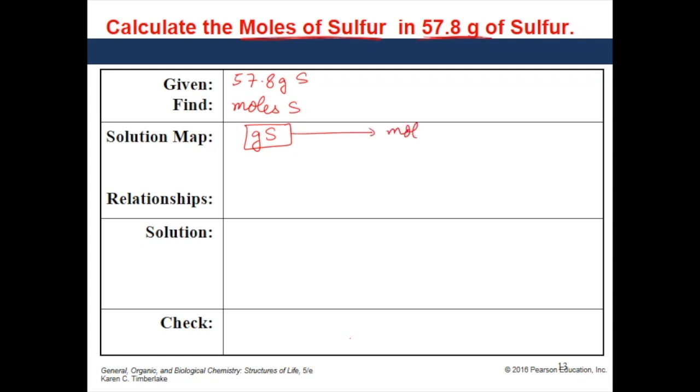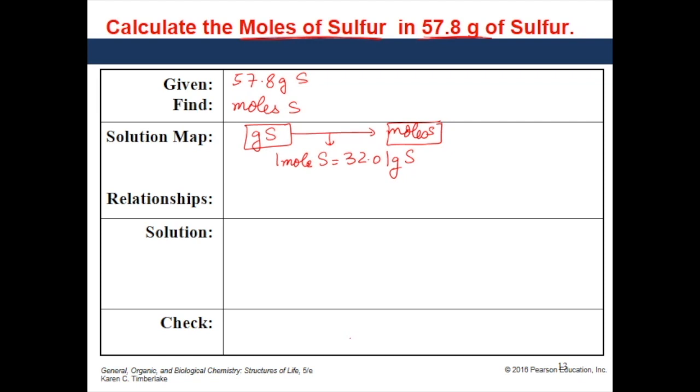Do we have a conversion factor that directly relates grams and moles of a substance? Yes. 1 mole of a substance is always its molar mass, which you can get from the periodic table. So if you look at your periodic table, 1 mole of sulfur will weigh around 32.01 grams. This is our conversion factor that will help us convert between these two units.